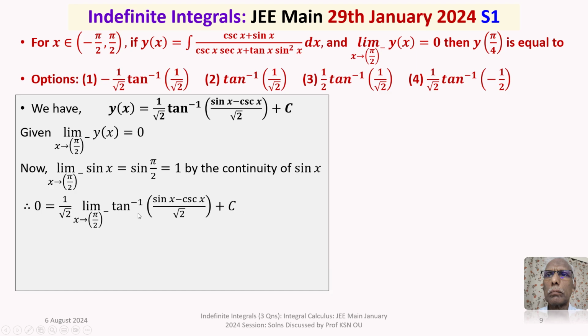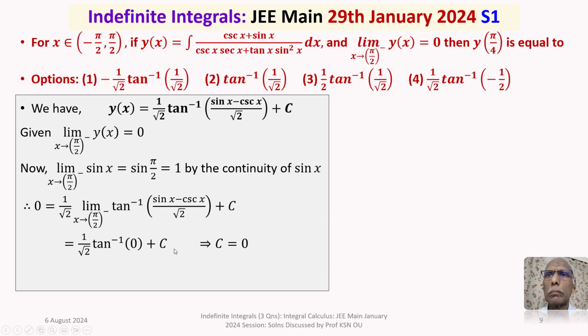Tan inverse is again a continuous function, therefore the limit can be taken inside, and the limit of sin x as x tends to pi by 2 is sin pi by 2, which is 1. So 1 minus 1 by 1. So it is 1 by root 2 into tan inverse of (1 minus 1) by root 2, that is 0.